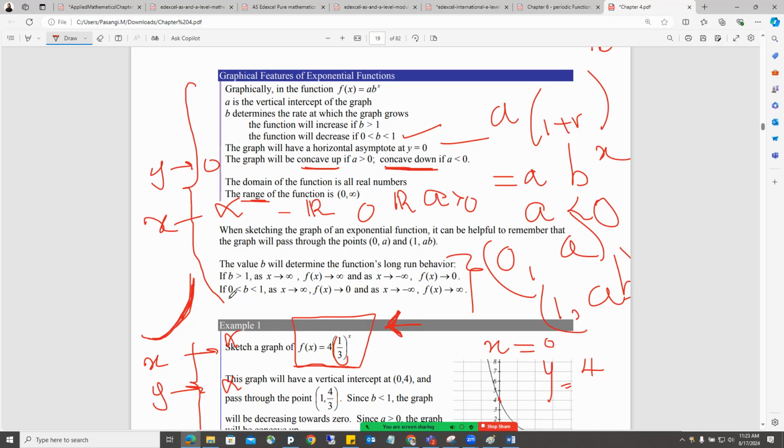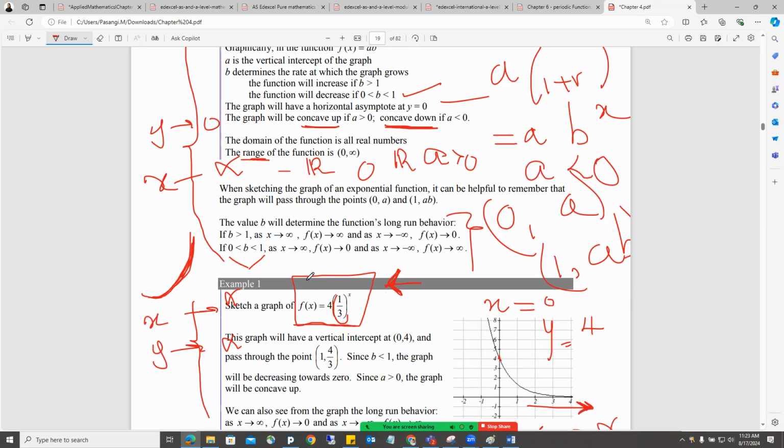If the b value is in between 0 and 1, what will happen? When the x value is going to positive infinity, the y value gets closer to 0.